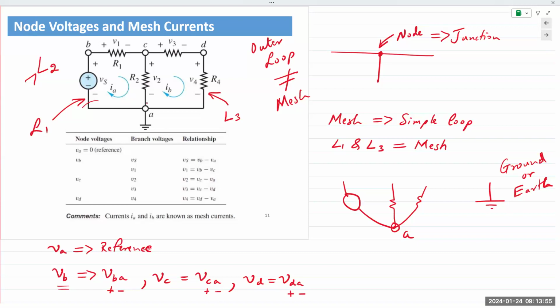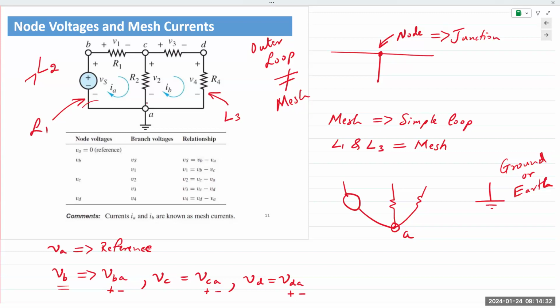Now, these voltages could return a positive or a negative number. That doesn't matter. When you write out the equations, you would simply plug in that positive or negative number. But when you measure and when you're writing out the values for each of these node voltages, it is always with reference to the node that you selected. So VB is VBA, VC is VCA, and VD is VDA. Now, we talk about resistor voltages.